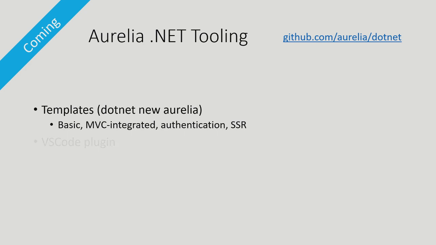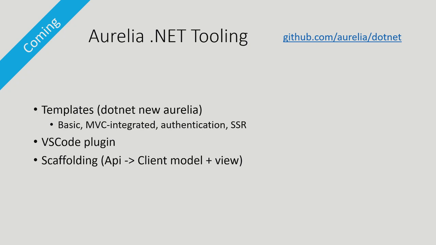It's really promising. There's a VS Code plugin that is going to work with that, and they have plans to support scaffolding with your API. So you have your API specified in your .NET Core application, and the Aurelia .NET tooling can generate your client models and the API calls from that.